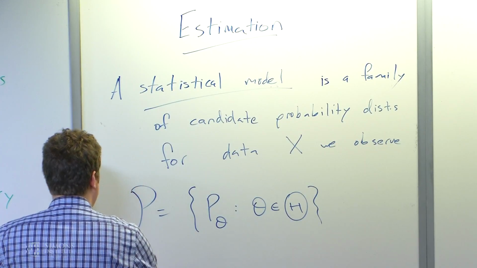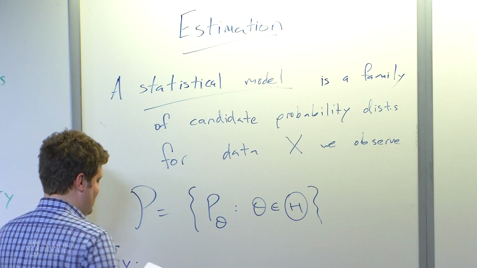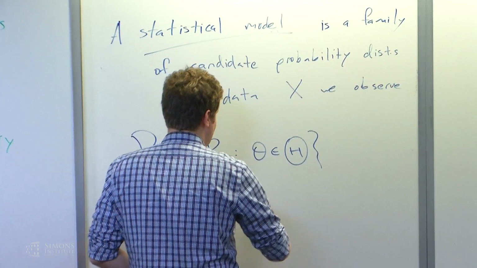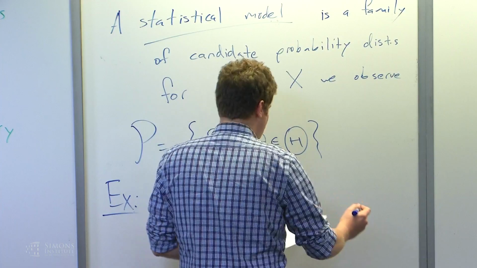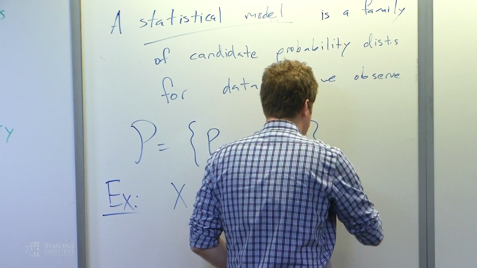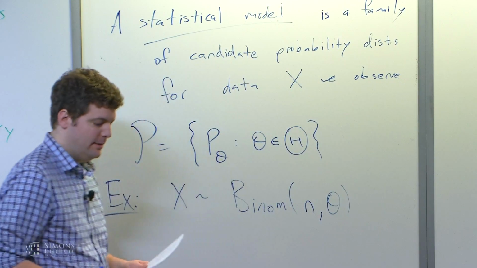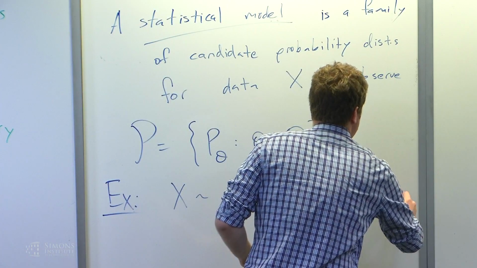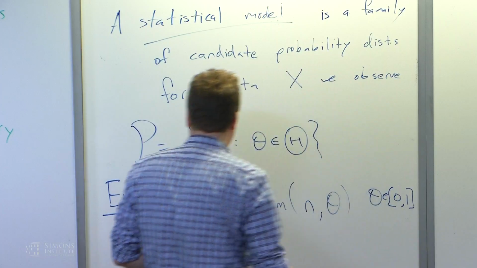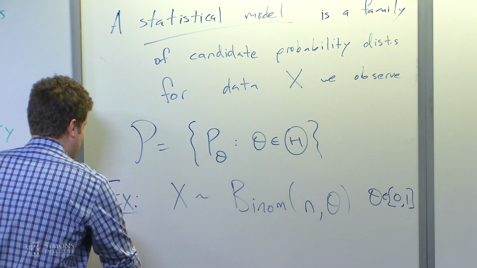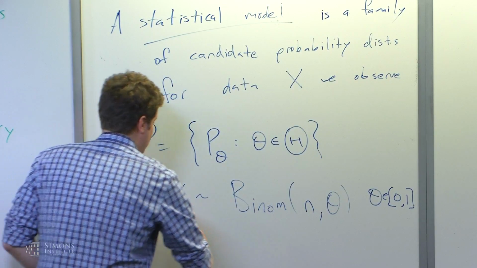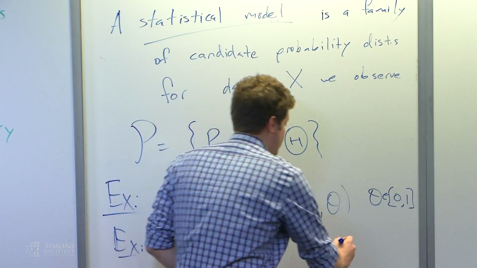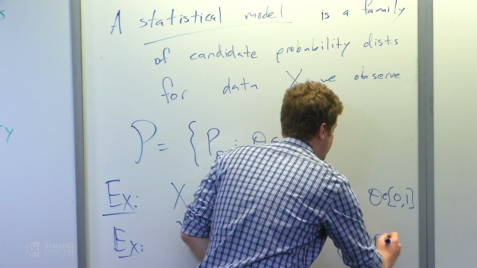So a few simple examples that we'll talk about. X is binomial n theta, where theta is in the set 0, 1, or X is normal theta 1, where now theta could be any real number.